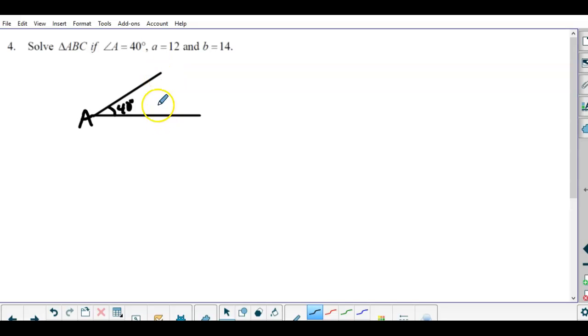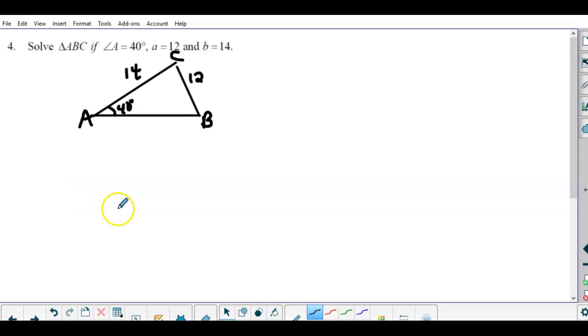So you decide if you want to label that 12. I'm going to extend mine a little bit here. Okay, so now I want to join this up. So this is 12, and I'm going to call this B. So this is 14, and that's C.